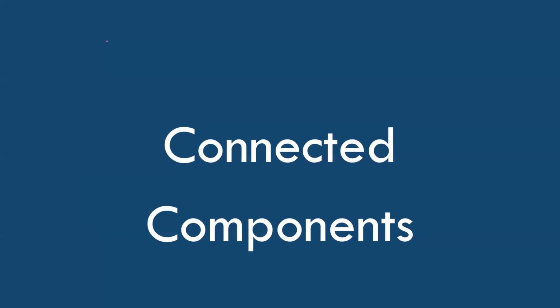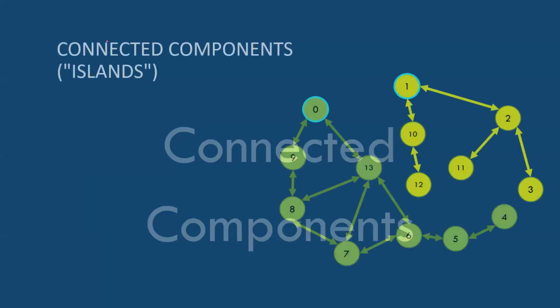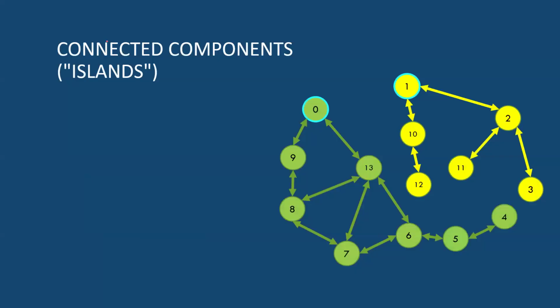So connected components are the islands that represent connectivity. If you remember, we never really could visit everything when we did our first depth first search in that first example. We never really got to vertex 8, right? So depth first search is going to tell us, for the island that we started on, who's not on that island.